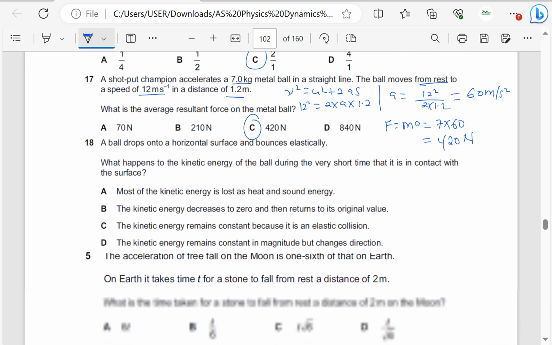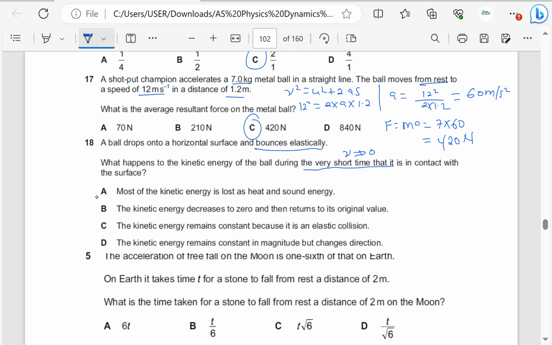A ball drops onto a horizontal surface and bounces elastically, meaning kinetic energy is conserved. What happens to the kinetic energy of the ball during the very short time that it is in contact with the surface? Of course, in the very short time when it is in contact, the velocity tends to 0, before it grows back rapidly to the original value in the opposite direction.